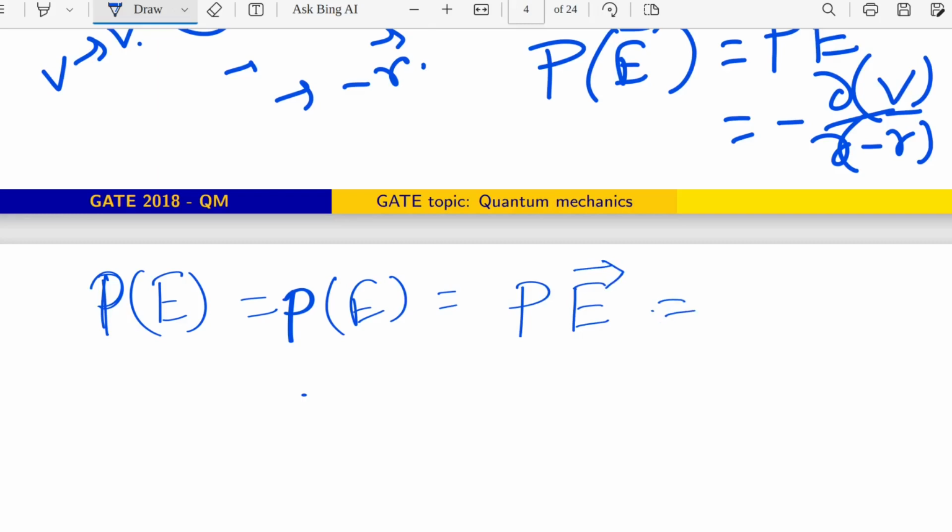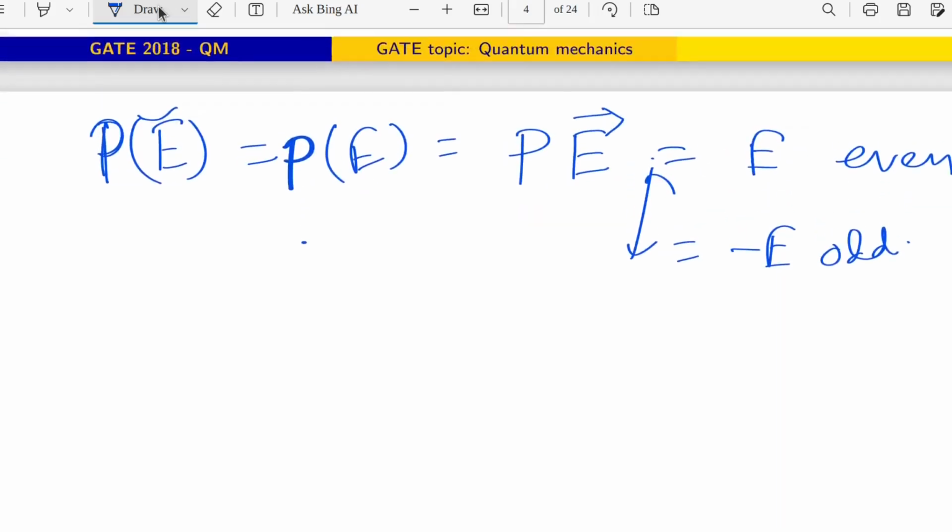Then what will be the value of E? If it is plus E, then it will be even under parity. If it is minus E, then it will be odd under parity. That is the main thing. They are asking which one will be even under parity and which one will be odd. So let us first consider E.